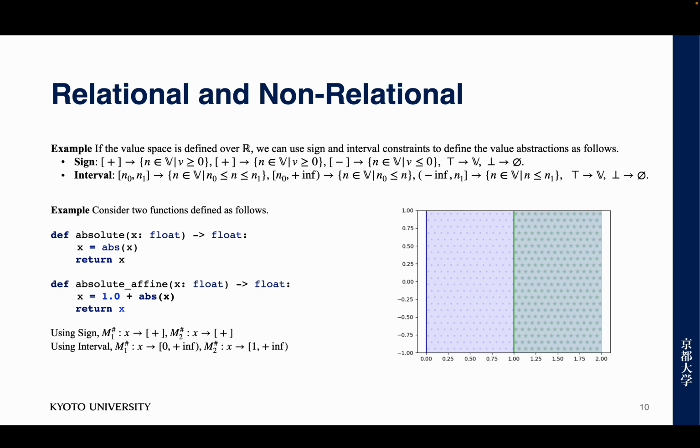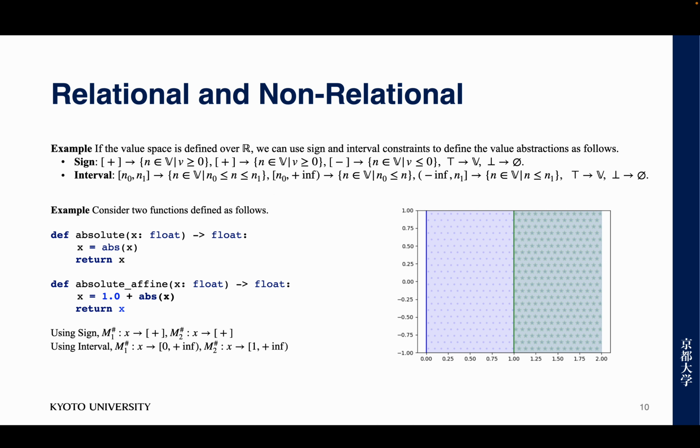Let's study one more example. If the value space is defined as the real number space, we can use signs and intervals to define the value abstraction. Plus for elements greater or equal to 0, minus for elements smaller or equal to 0.